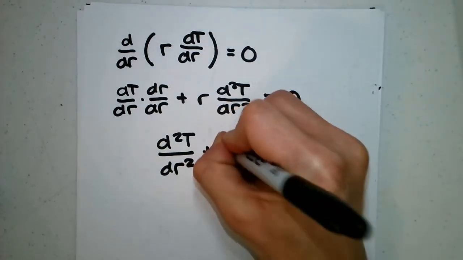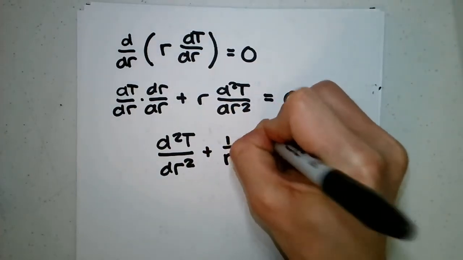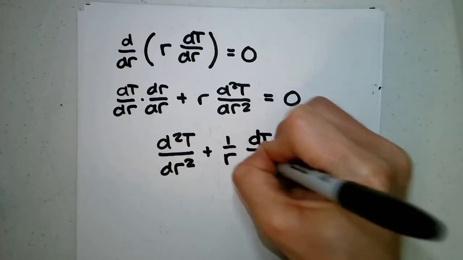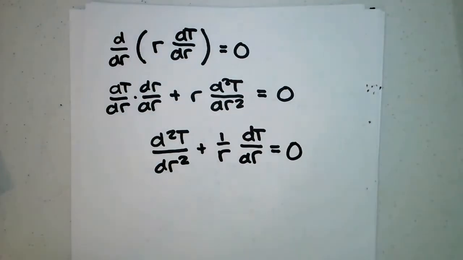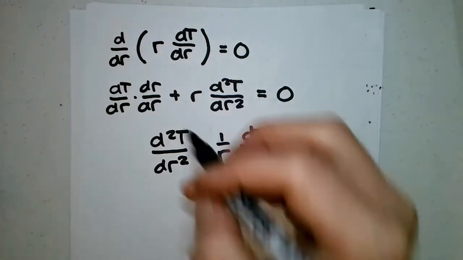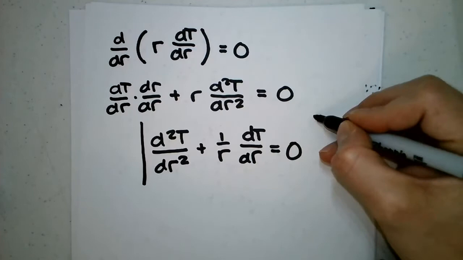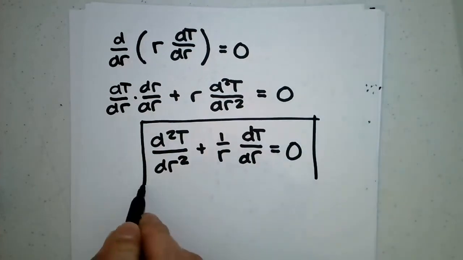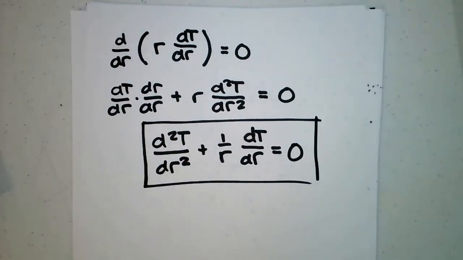Nah. And I've just written it in a slightly different form, 1 over r dT/dr. We divided everything by r. All right, so this is the differential that we'll need to start solving.